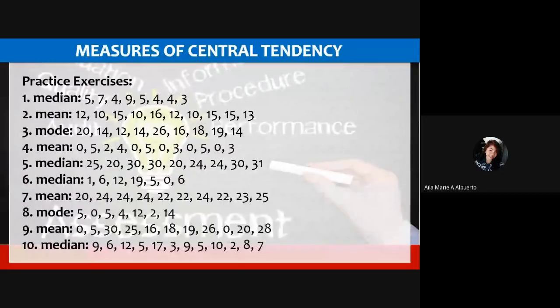Ano ulit? 20.8. Number 8 po ay 5. Number 9, 17 po. Number 10, 8 po.